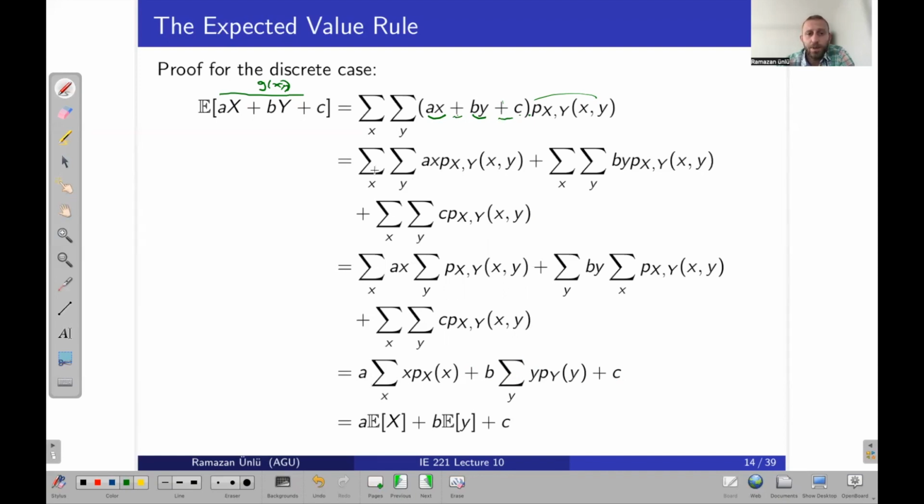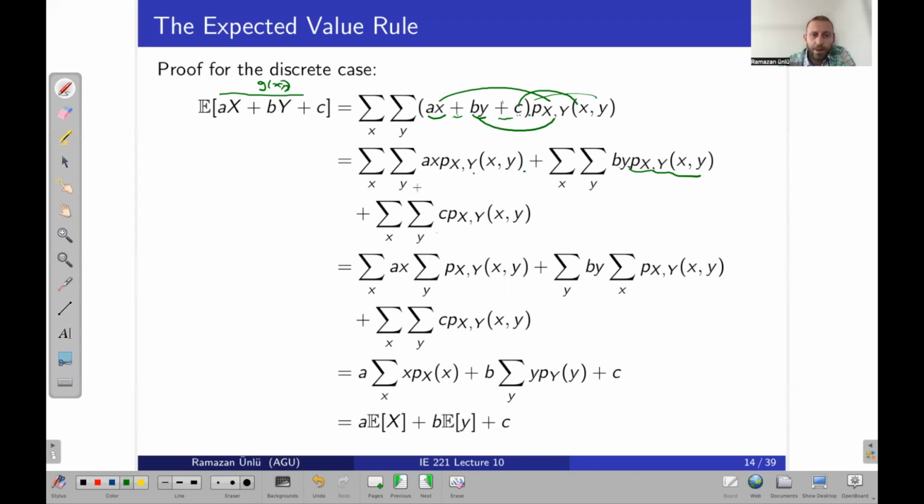That will be the double sum of ax times p(x, y) plus by times p(x, y). I will multiply this one and this one, and because of the summation, I will split them. And the last thing is the double sum of c times p(x, y), right?